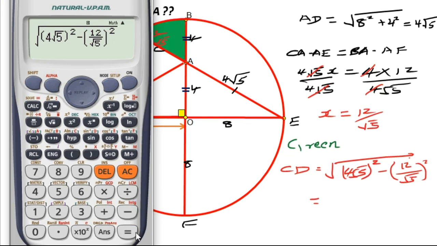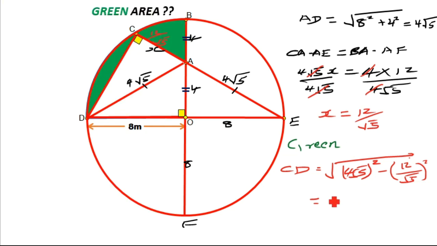So if you square that, what do we get? 16 root 5 over 5. So CD is 16 root 5 over 5. So we found this length from C to D is 16 root 5 over 5.